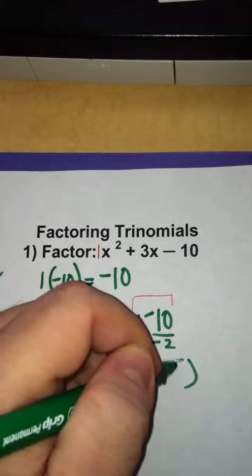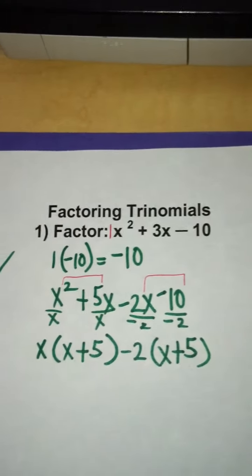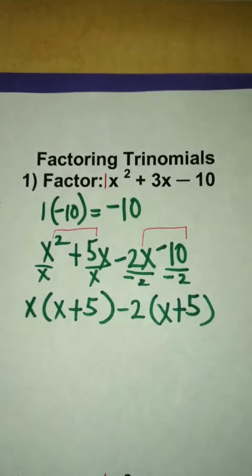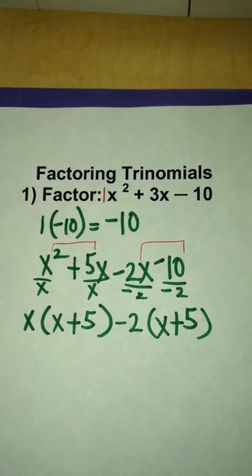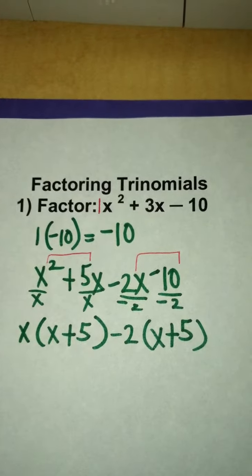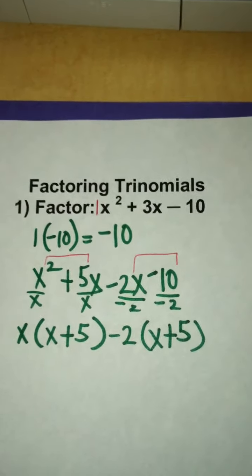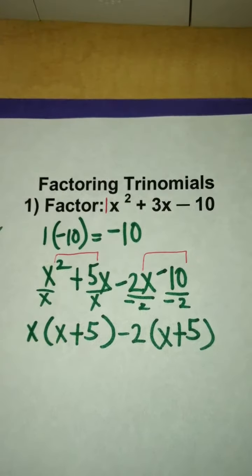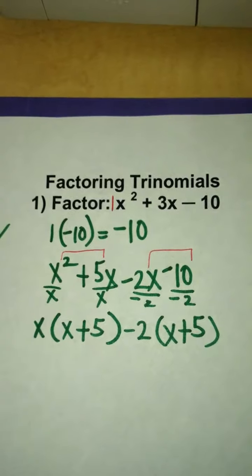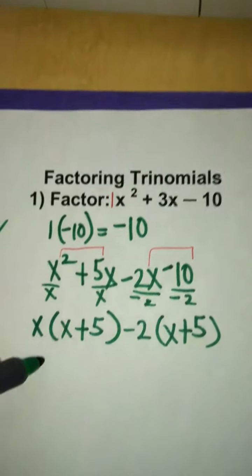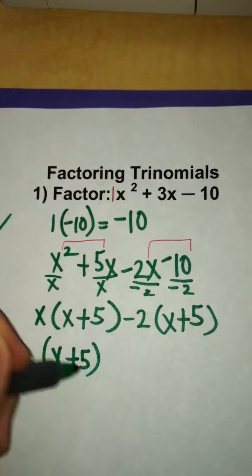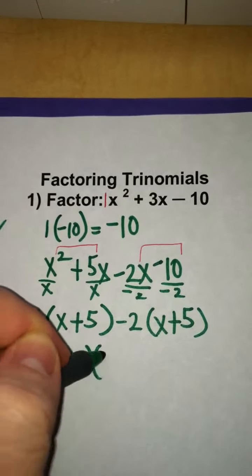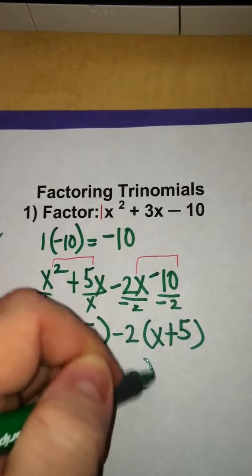So once again, we're left with x plus 5. Since we have the same expression in both parentheses, we are going in the right direction, and we can write our final answer now. Final answer would be x plus 5 times x minus 2.